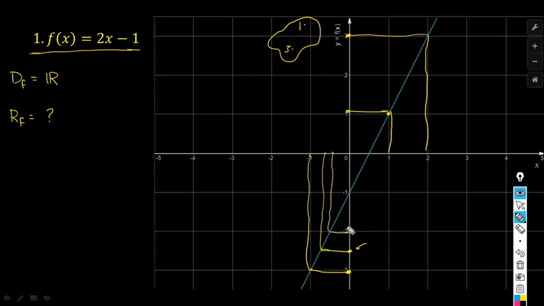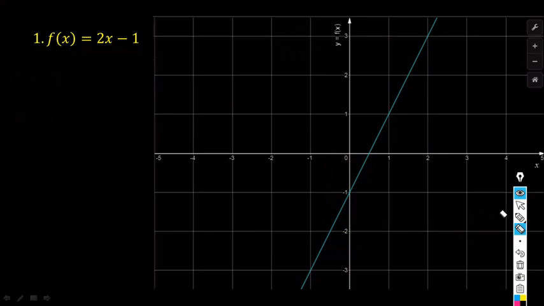Listen carefully to the following phrase. The range of a function is simply the set of values in the y-axis that are being swept by the graph. Swept, barridos. If you look at the graph, it is sweeping all the values of y, and this goes on forever in both directions.